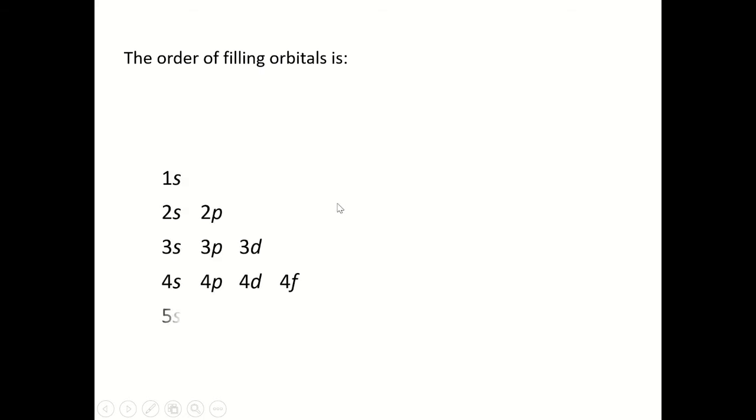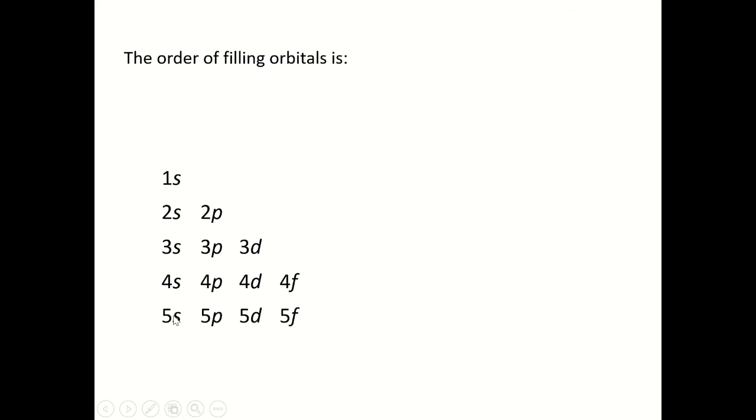So this is what we call the rainfall diagram. First you must know that when n equal to 1, there is just one subshell on the axis, which is 1s. When n equal to 2, there are only 2 subshells, which are 2s and also 2p. When n equal to 3, there are 3 subshells, 3s, 3p, 3d. When n equal to 4, there are 4 subshells.